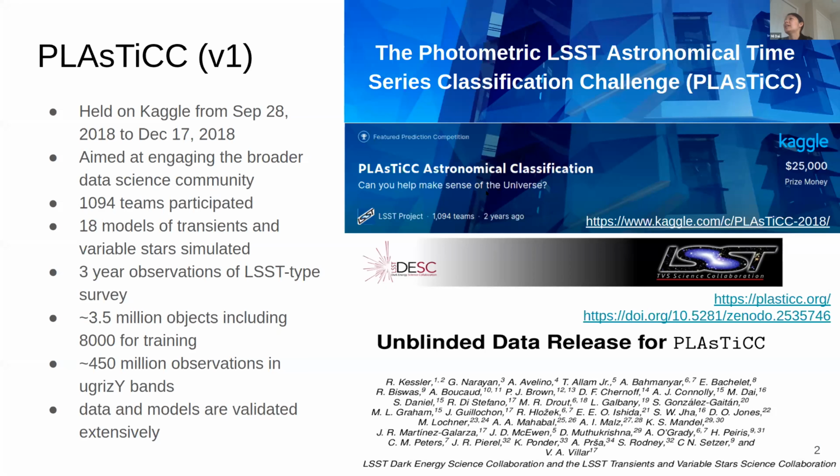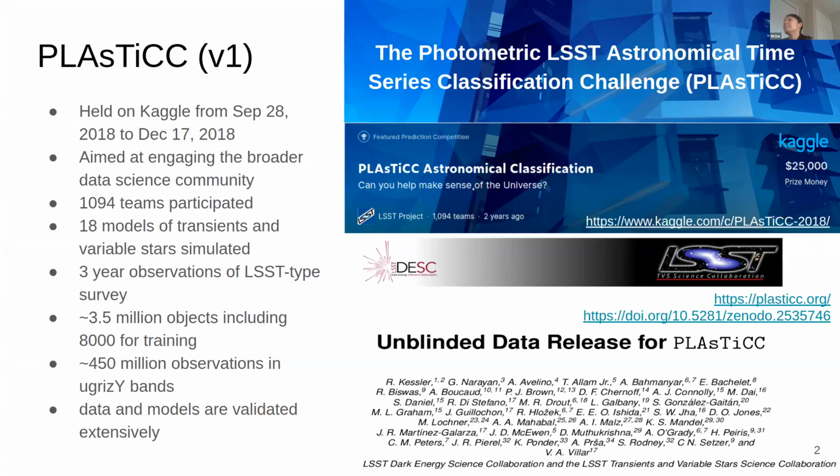In total, there are around 3.5 million objects. 8,000 of them were flagged as spectroscopically typed objects for training. There are in total around 450 million observations in the six ugrizy bands from LSST.